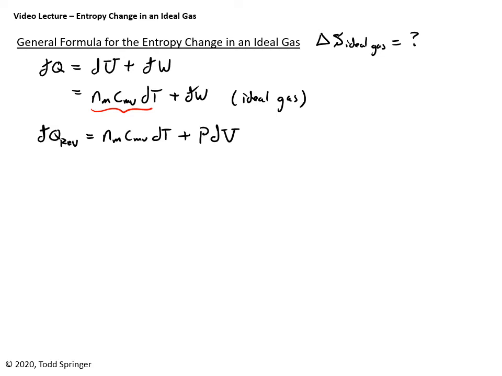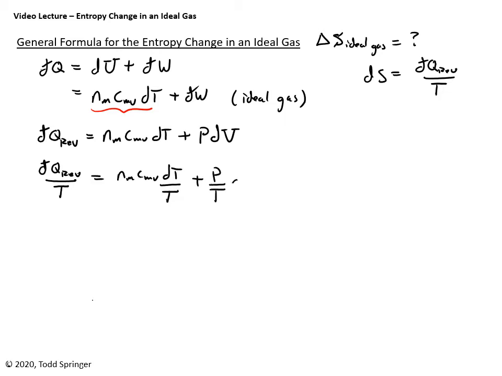So I need to use here dS is đQ, the heat added in a reversible process, divided by T. So I better divide both sides by T. So I'll have đQ_rev over T is equal to n_m C_mV dT divided by T plus P over T dV. Okay. The left-hand side is dS.